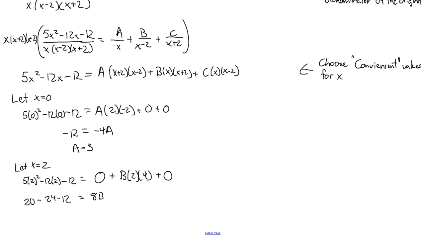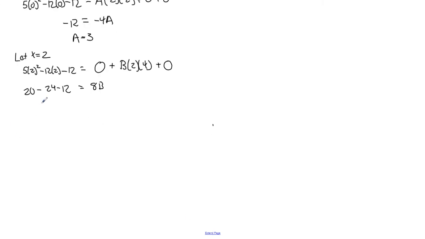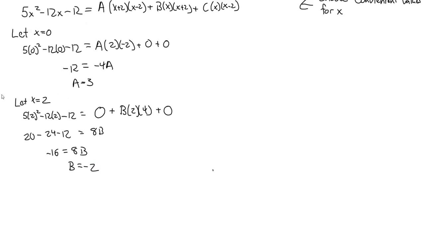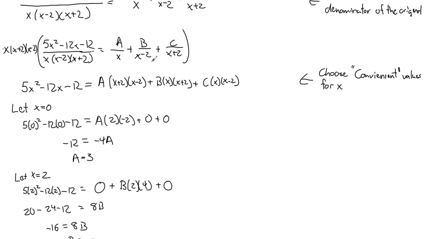This, let's see here, 20 minus 24 is negative 4, minus 12 is negative 16 equals 8b, and so my b value will be negative 2. And so now I know that this fraction is going to be negative 2 over x minus 2.